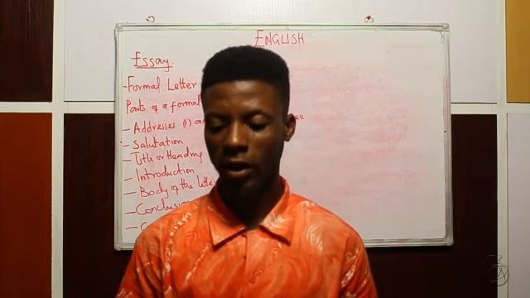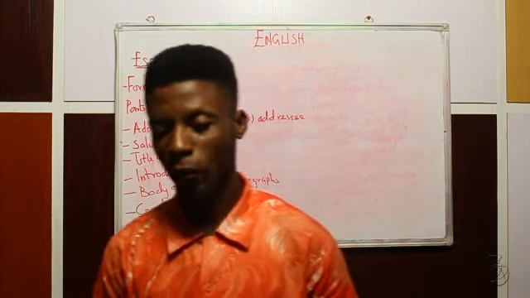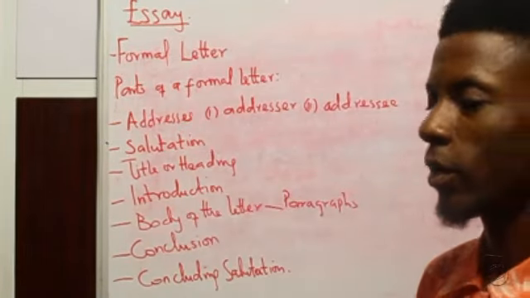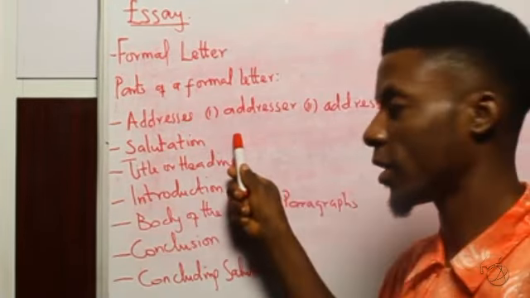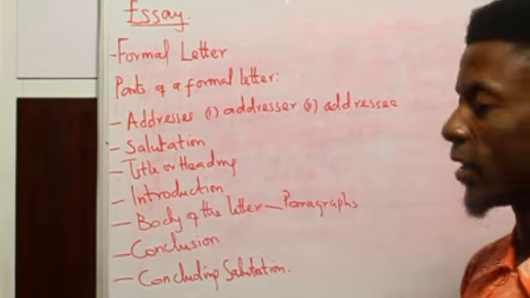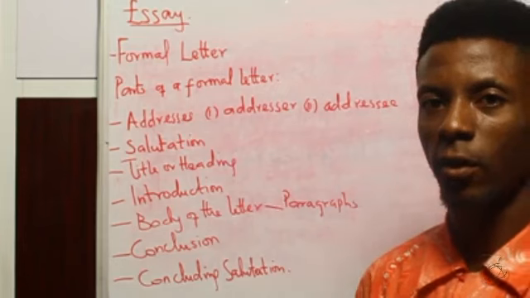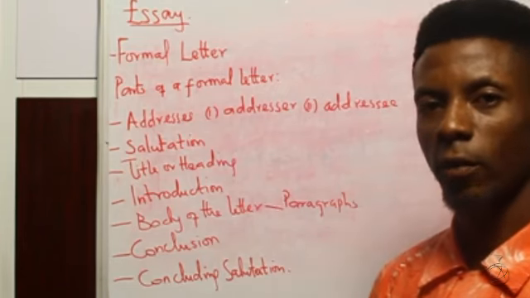A formal letter is divided into the following parts, as we have it on the board. We have the addresses. This includes the addresser's address and the addressee's address. That is the address of the writer of the letter and the address of the receiver.